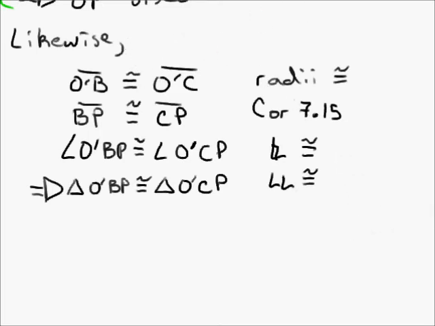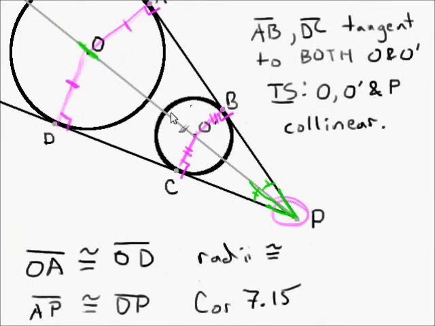And now let's take a look at what we've got. We'll go back to the diagram here. I've got two triangles, O prime BP and O prime CP. They're congruent, which means that this angle and this angle are congruent. And that means that with respect to this big angle, BPC, this line, O prime P, bisects BPC.